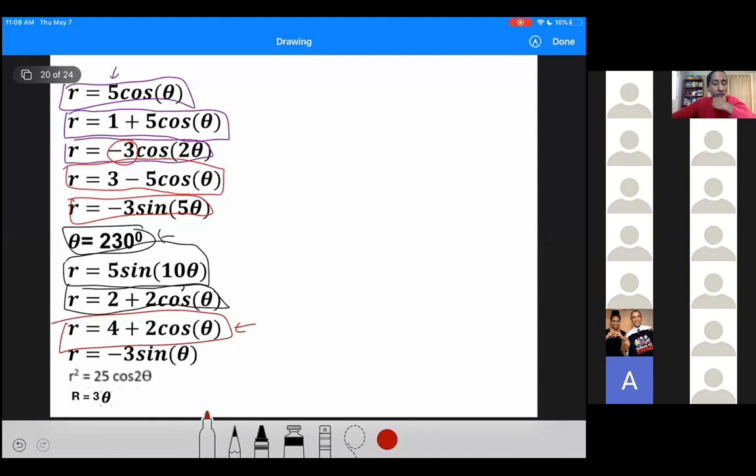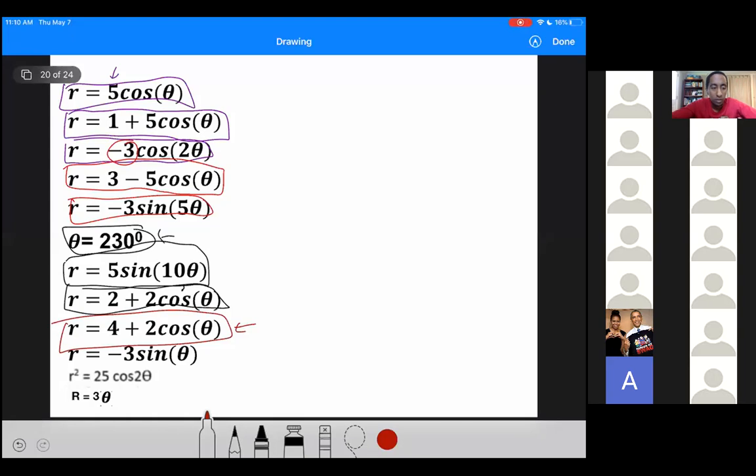Circle? Oh, it starts with the L. It's okay if you're not sure. Okay, can someone help her out?